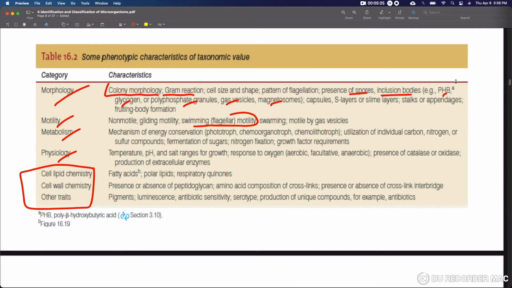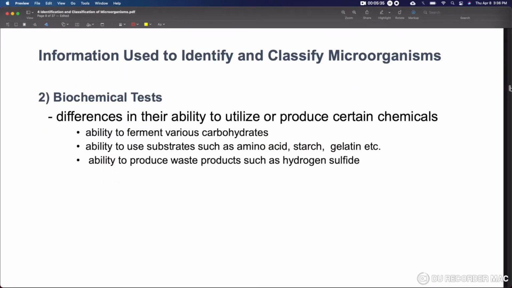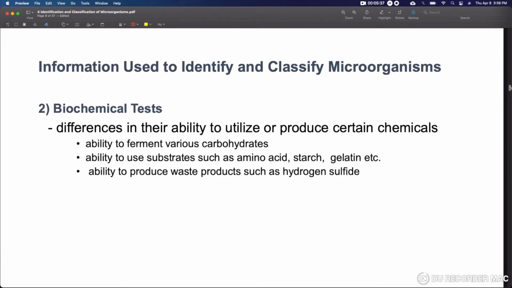So you must use endospore staining to differentiate them. Anyway, in terms of metabolism, we can zoom in more on that in terms of your biochemical tests. So for biochemical tests, again, still under your phenotypic characters of your microorganism, we have what we call substrate.